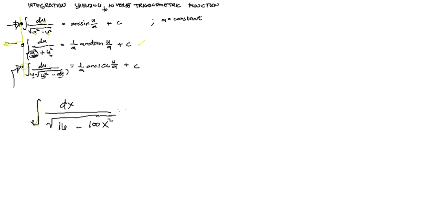So let me rewrite first our chosen formula. Du all over square root of a squared minus u squared. Okay, so we have minus sign here, also minus sign here.